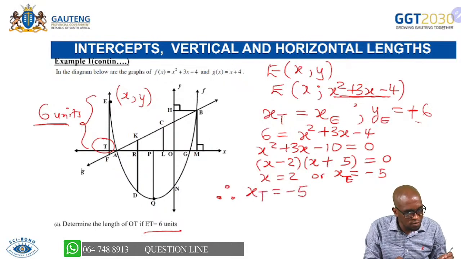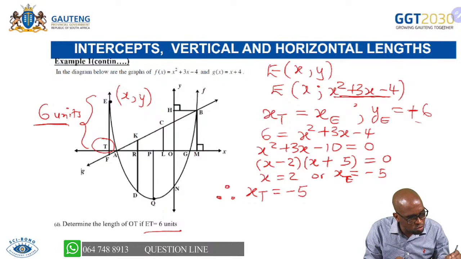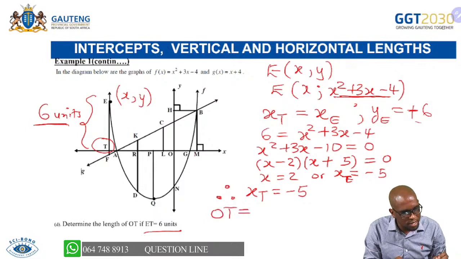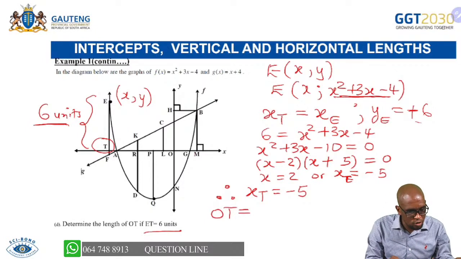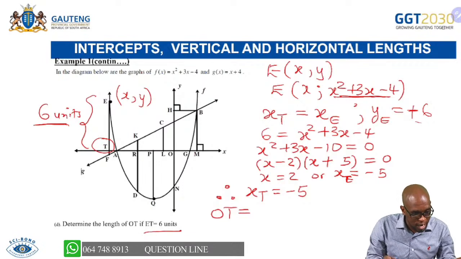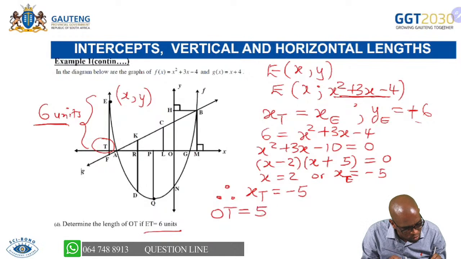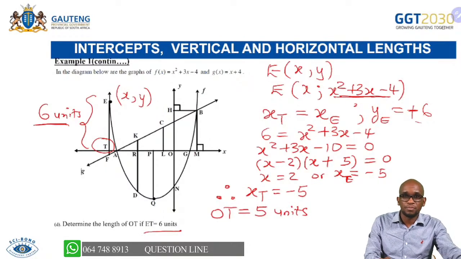So the distance OT would be the point on the right minus the point on the left. So it's 0 minus -5, which means OT would be 5 units.